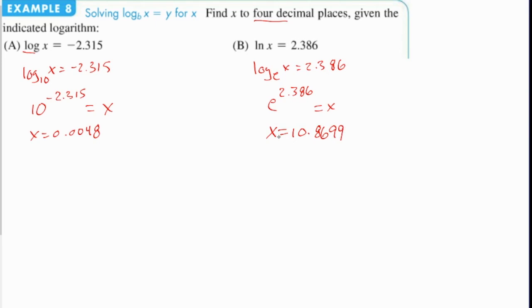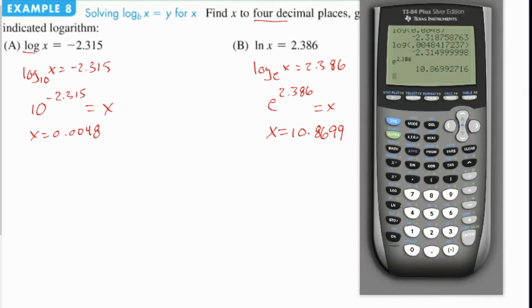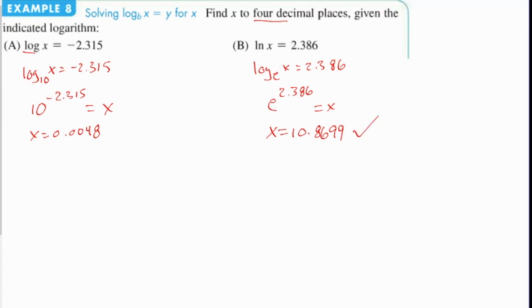Again, if we want to test this, I can take the natural log of our answer. We get 2.386, so that matches our answer if you round it to the third decimal place. So that's good.